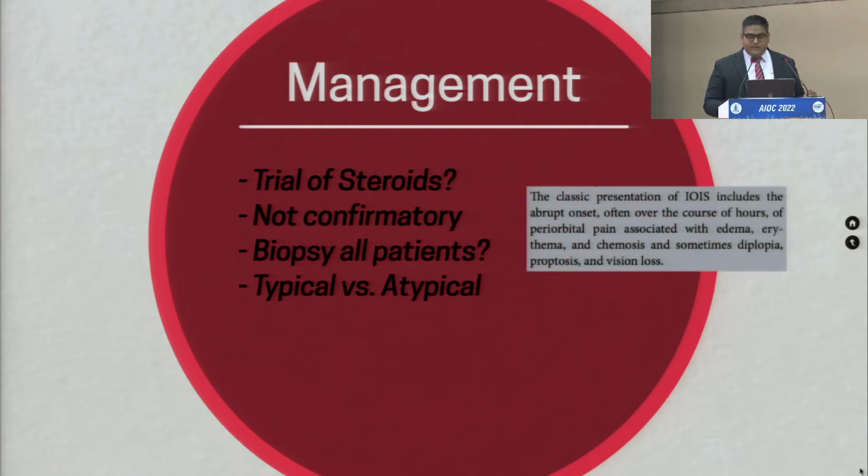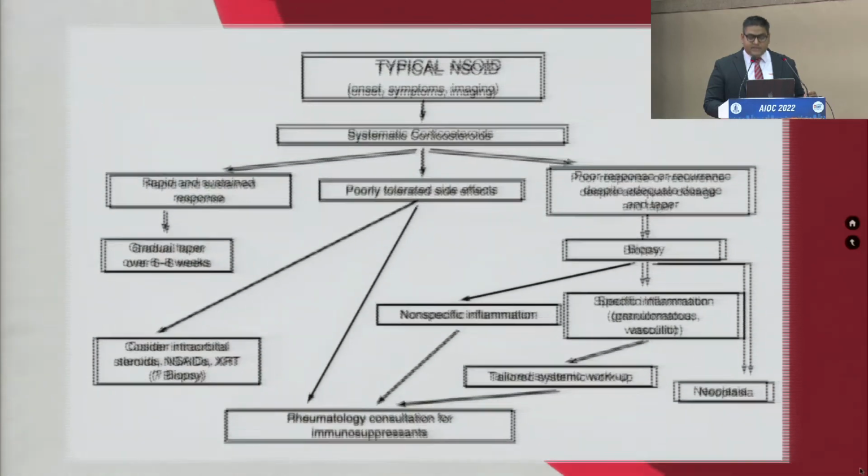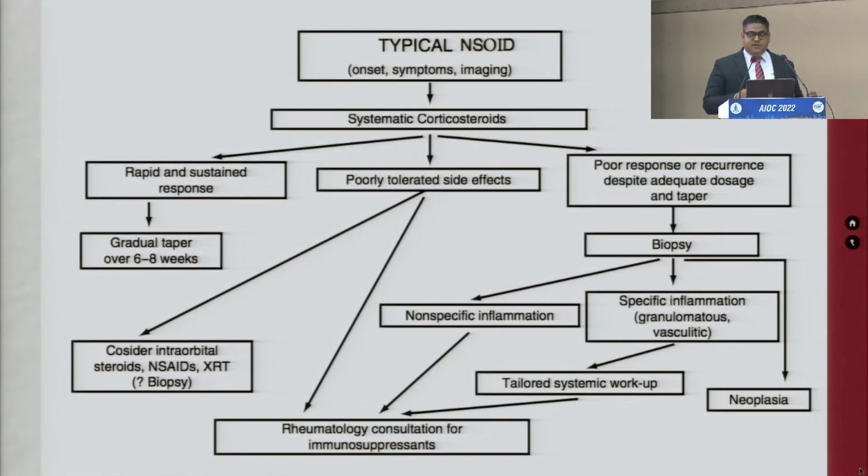And also, like I said, typical versus atypical, I will come back to that later. So the classic presentation we should keep in mind is periorbital pain with edema, erythema, proptosis, chemosis, and possibly vision loss. If this is what you typically see, you must consider this to be the classical presentation of orbital inflammatory disease. And in this case, the first trial of treatment after imaging is systemic corticosteroids.